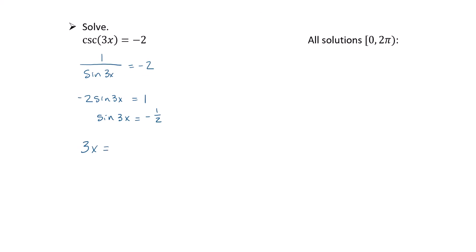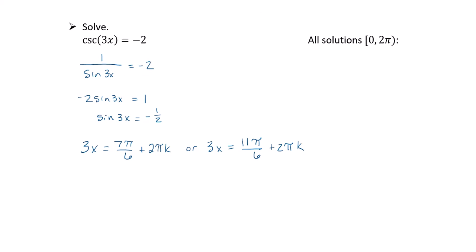That's going to happen at 7 pi over 6, or it can happen at 11 pi over 6. And remember, we're adding 2 pi k to both of those at this step of the process so that we can catch all of the solutions.